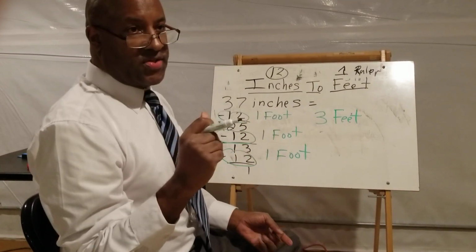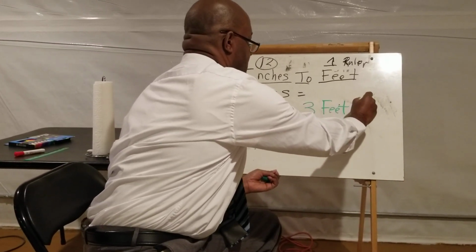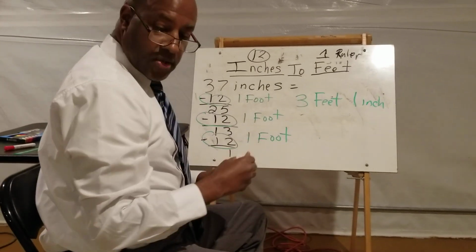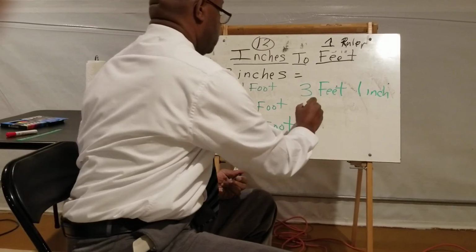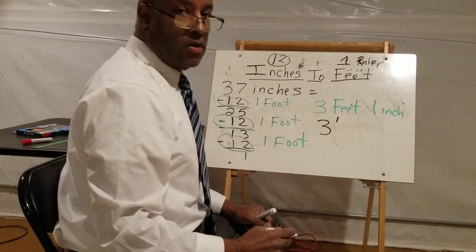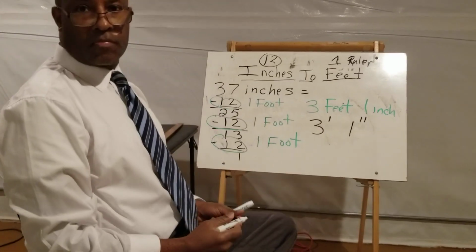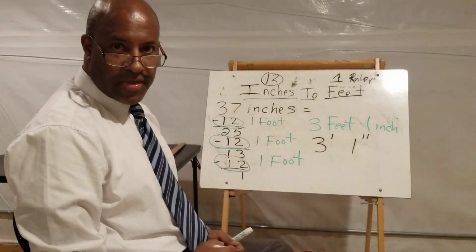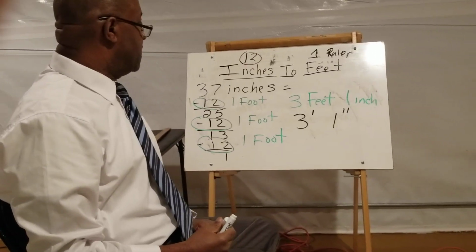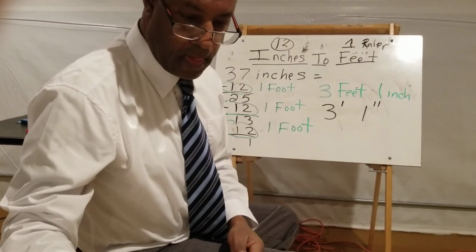And this is the symbol that you all were asking me about earlier. So another way to look at it, boys and girls, would be 3 feet with a hash over to the right of the 3 and 1 inch. That would be the answer to that one right there. 37 inches equals 3 feet, 1 inch. That's the answer there. Okay.